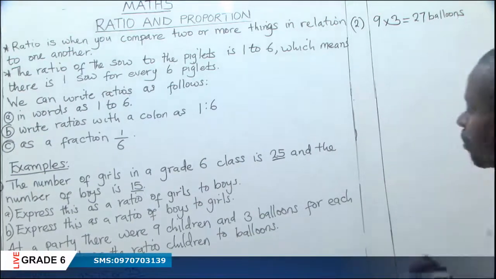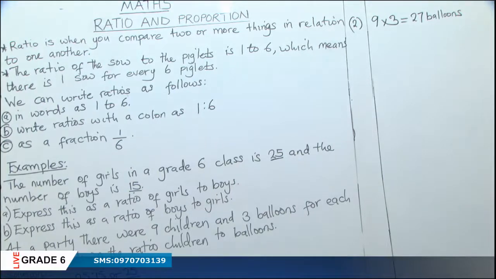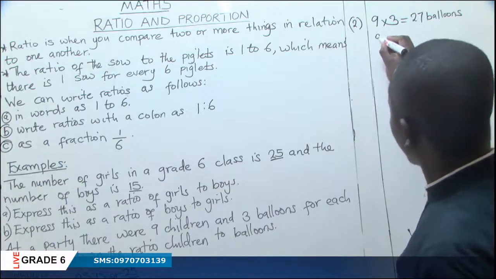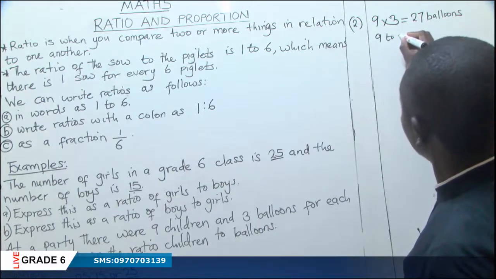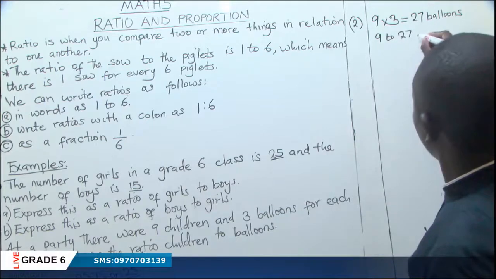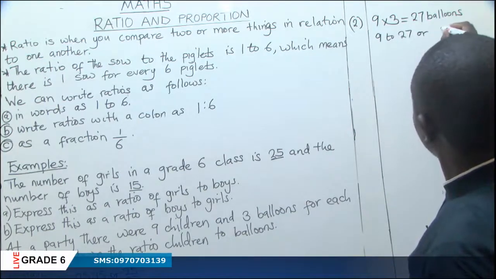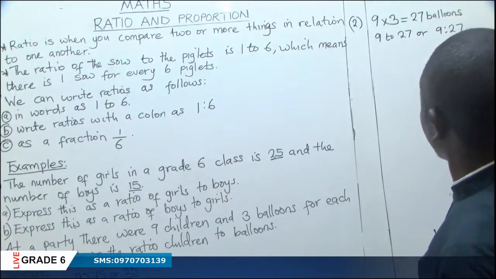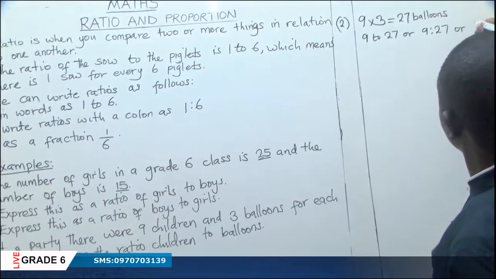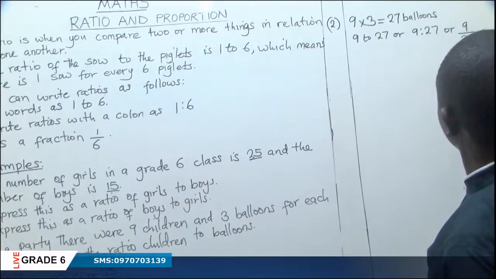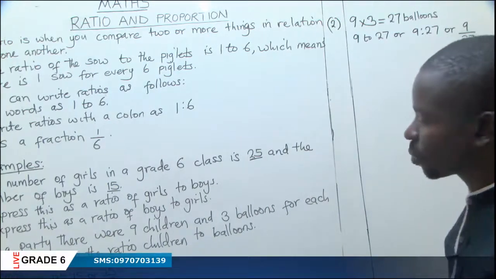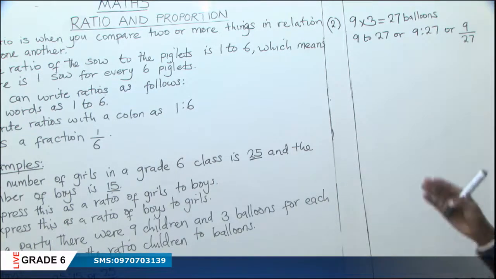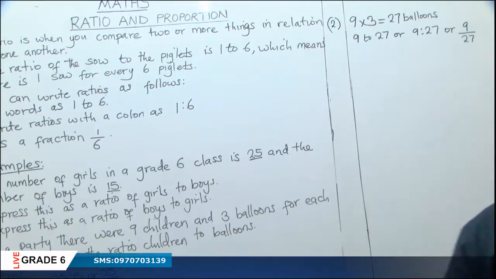So we have 27 balloons for 9 children. Therefore our ratio will be 9 to 27, or 9 to 27 with a colon, or 9 over 27. You can express your ratio in any of those ways.